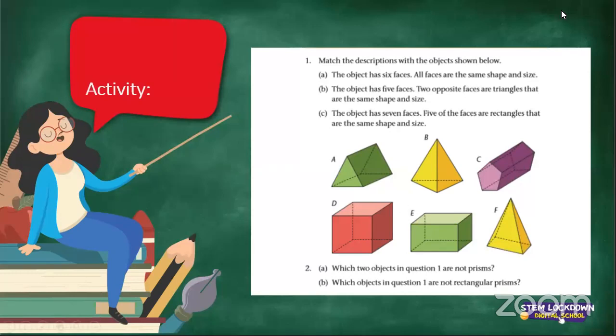Okay, JD, you raised your hand. Do you want to speak to everyone? We can unmute you, JD. Ma'am, how do you know if F is not a rectangle or not a prism, ma'am? Because it has the same shape on both sides. Okay, you're saying it has the same shape on both sides.